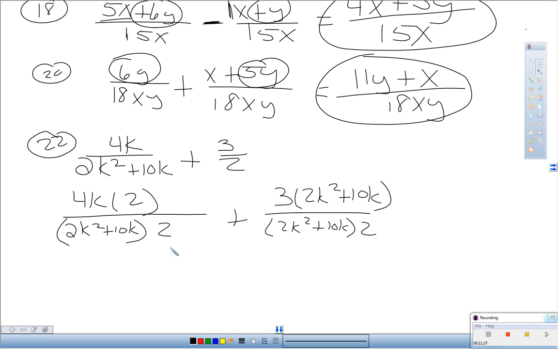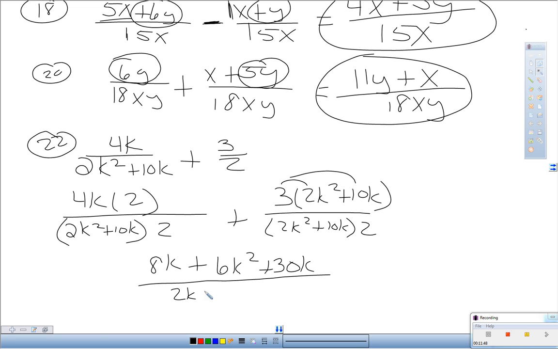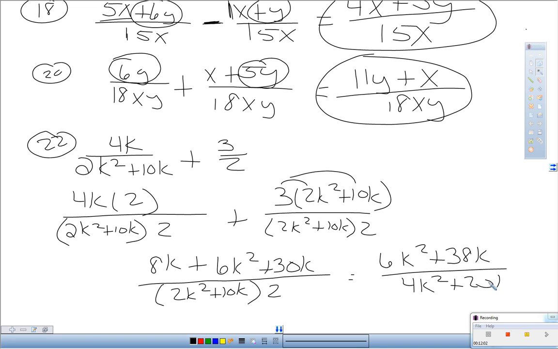If you multiply this, you're going to get 8k plus, distributing here, 6k² + 30k over (2k² + 10k) times 2. Then just combine your like terms. You'll have 6k² + 38k over, let me distribute that, 4k² + 20k. And so there's your answer for number 22.